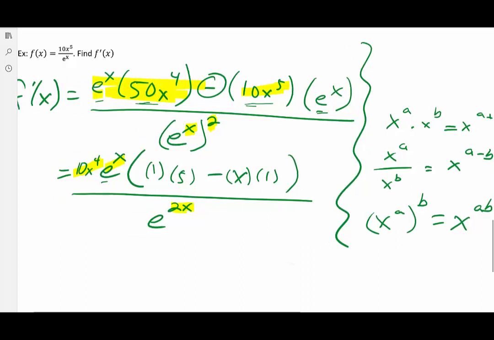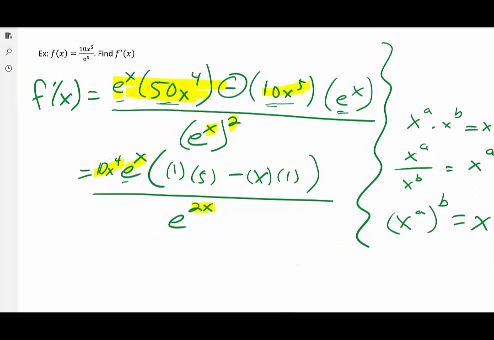All right, so let's see here. Next step is let's clean up the parentheses. So 10x to the fourth e to the x times, sorry for my handwriting, 1 times 5 is 5 minus a 1x, over e to the 2x.